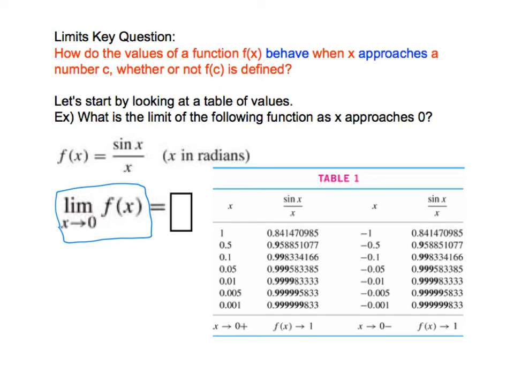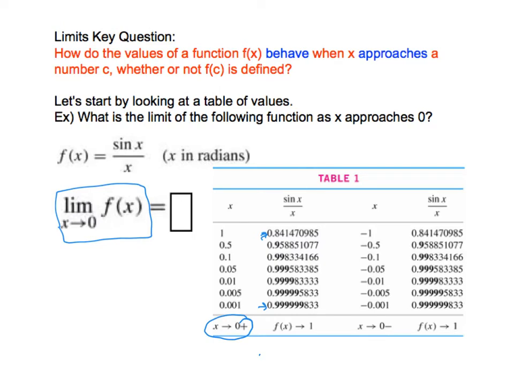The table of values is showing values as x approaches 0 on the positive side, or from the right. If we start with 1 and we get closer and closer to 0, fractionally or decimally, we can see that the y values, the output of this function, go from 0.84 and then approach 0.99 repeated.